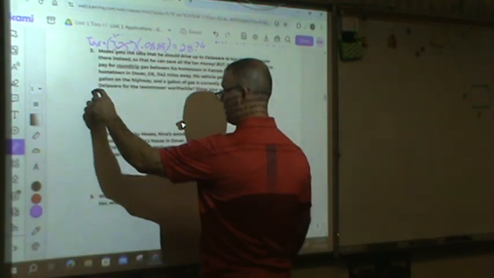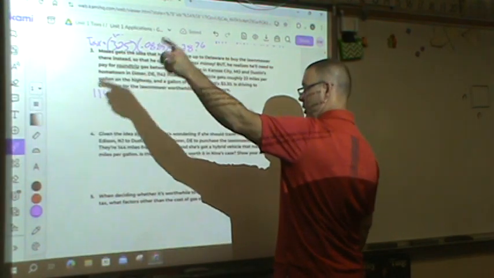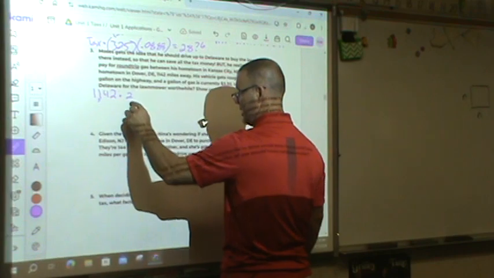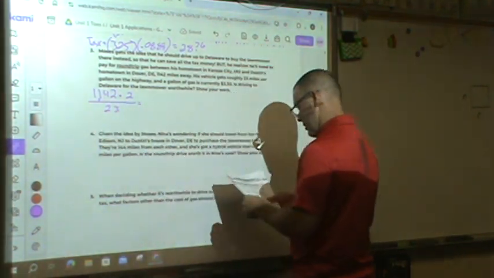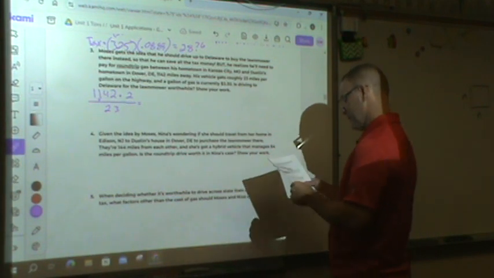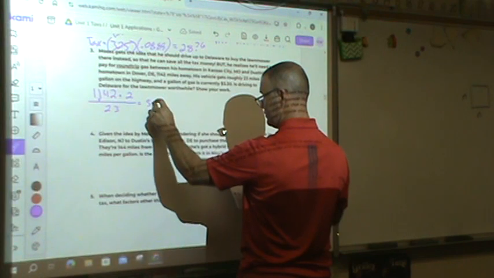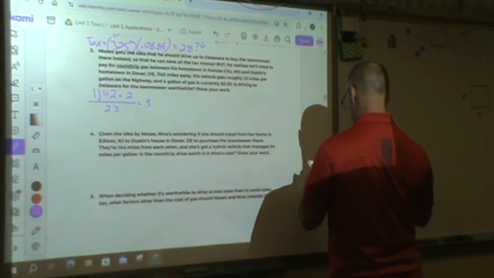How are we going to figure that out? Well, gee, let's do some math here. We have 1,142 miles one way. We got to have that coming back. So what are we driving total? We're driving that twice, and we're going to divide that by 23, the miles per gallon. And that's going to give us 99. Wrong one, sorry.